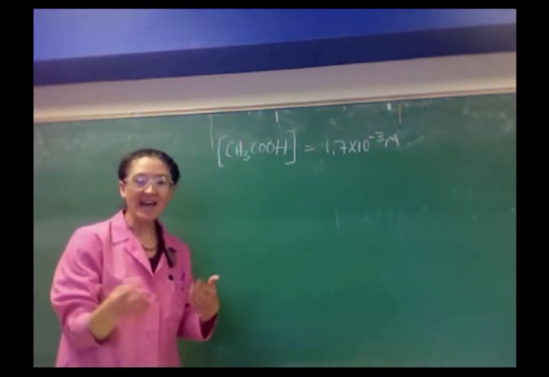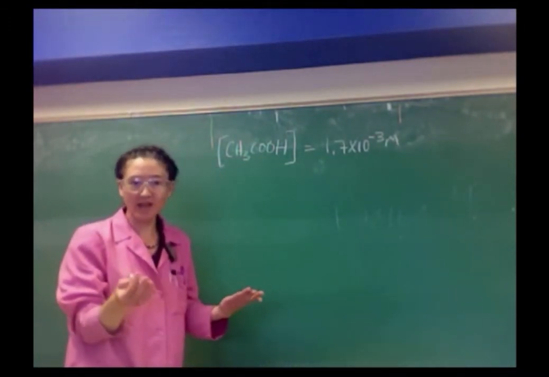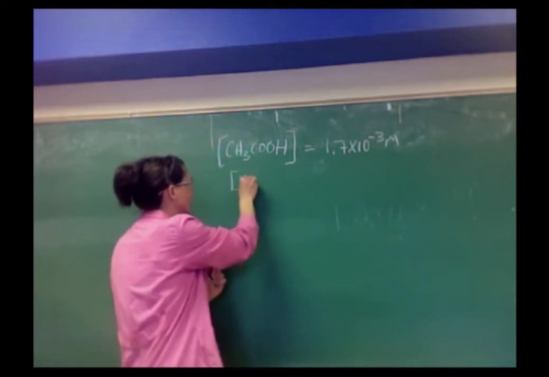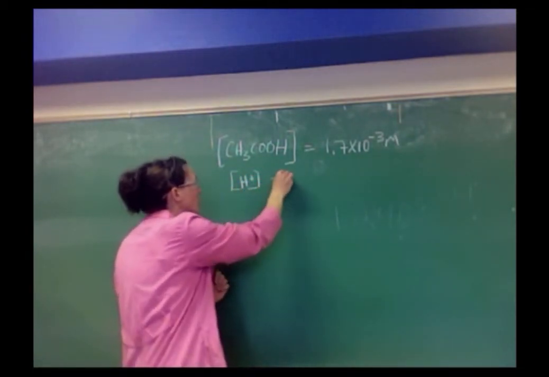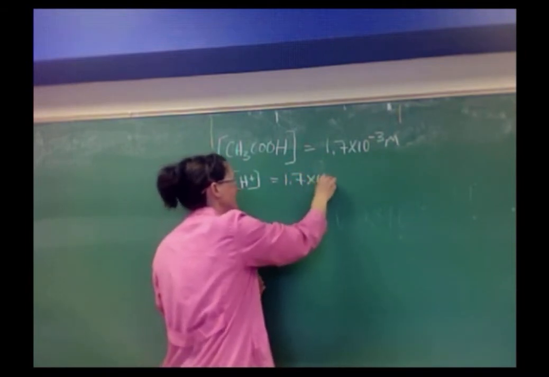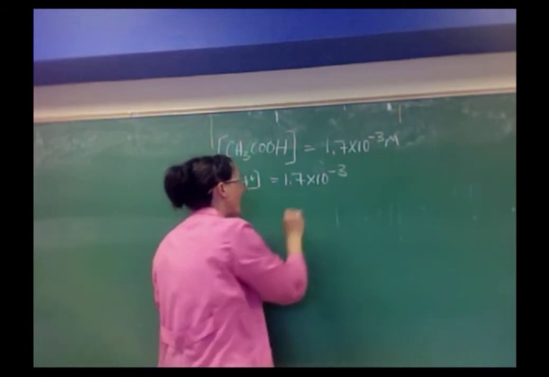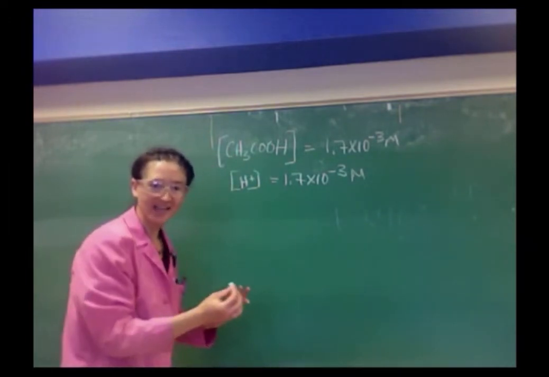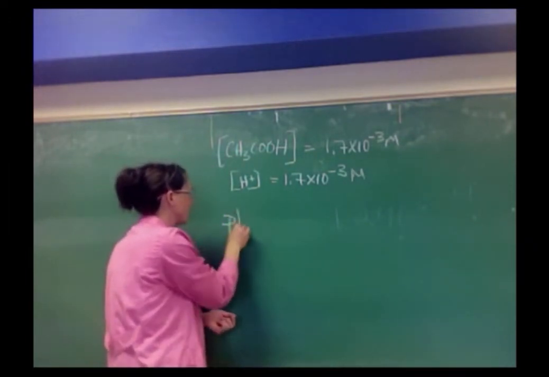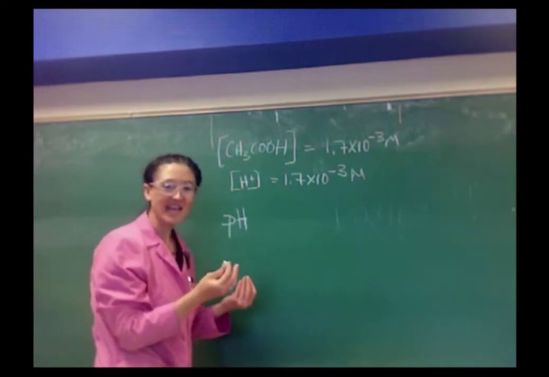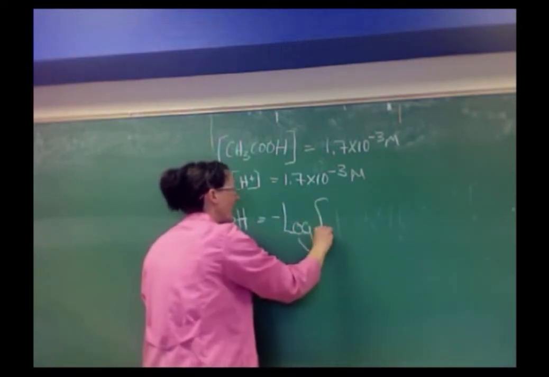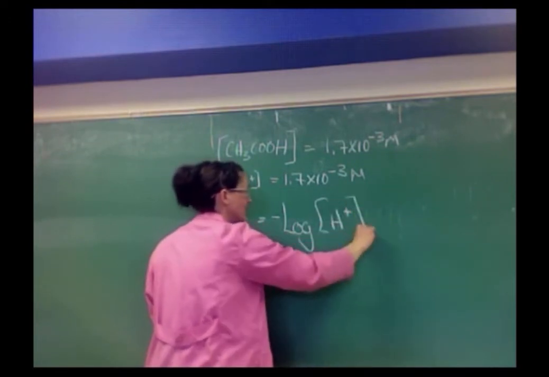Now that we know that, can't we just go ahead and assume, like we did before, that the hydrogen ion concentration is then equal to 1.7 times 10 to the minus third molar as well. And from there, why not just plug into our good, trustworthy equation for pH being equal to negative the log of the hydrogen ion concentration.